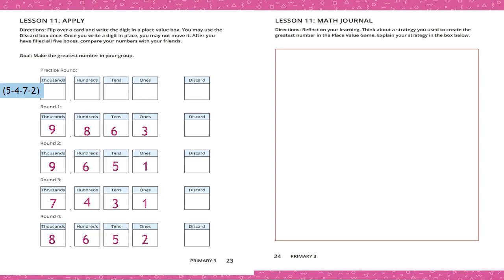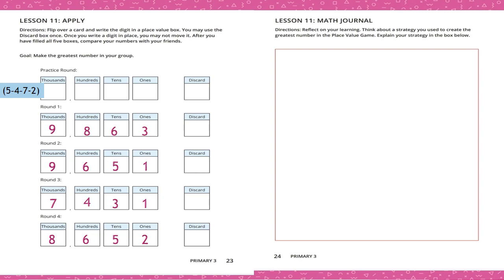The first card with us contains some digits: 5, 4, 7, 2. I want you to arrange these digits to make the greatest number. To make the greatest number from these digits, I should put the greatest digit in the greatest place.